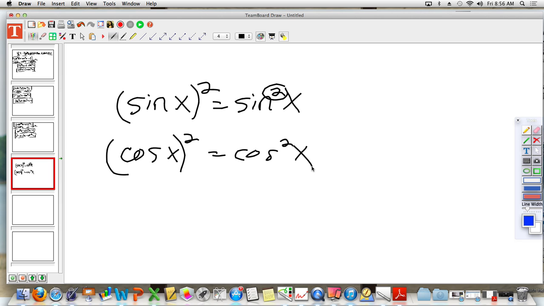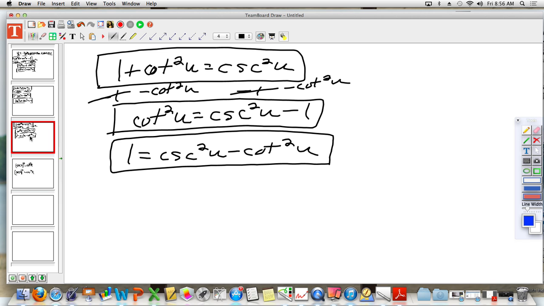Like I said before, I don't know why, but it's just always acceptable. So if I go back to this, cosecant squared of u really just means the cosecant of u squared. I just want you to know that that's what that means.